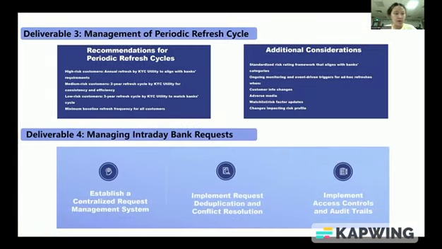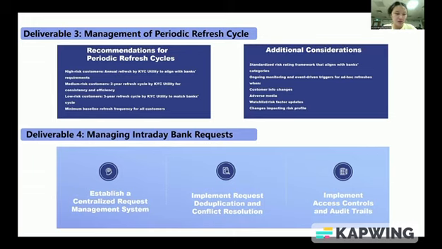In this part, we will consider two deliverables. The first will be how we manage the periodical refresh cycle. For the high-risk customers, annual refresh will be applied by KYC utility to align with bank's requirements. For medium-risk customers, a 2-year refresh cycle by KYC utility for consistency and efficiency.